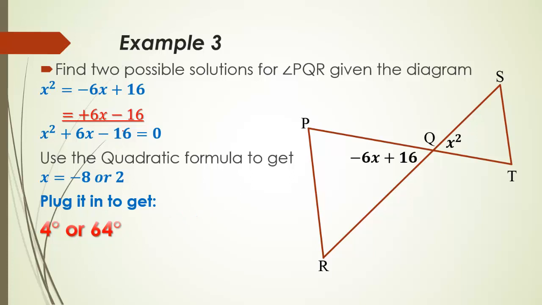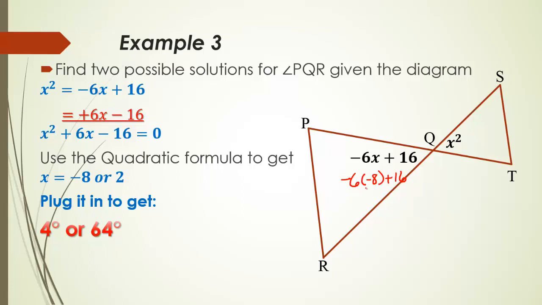So when you solve this using factoring or whatnot, you get a -8 or a 2, and they both work. Again, angles are measures, so they have to be positive, but x doesn't have to be positive. Once you plug it in, it has to be positive. So like -6 times -8 plus 16.